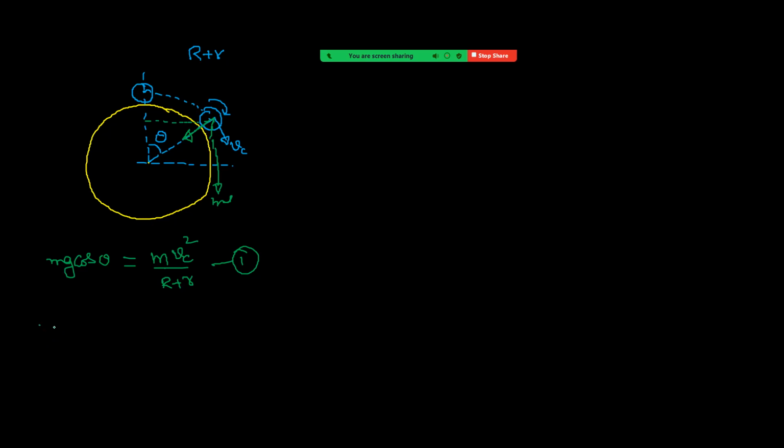So loss in gravitational potential energy is mg into R plus r into 1 minus cos theta. See carefully. Initial height R plus r into 1. Final height R plus r into cos theta. It has come down by a distance R plus r into 1 minus cos theta. So mg into h. This is the loss in gravitational potential energy.